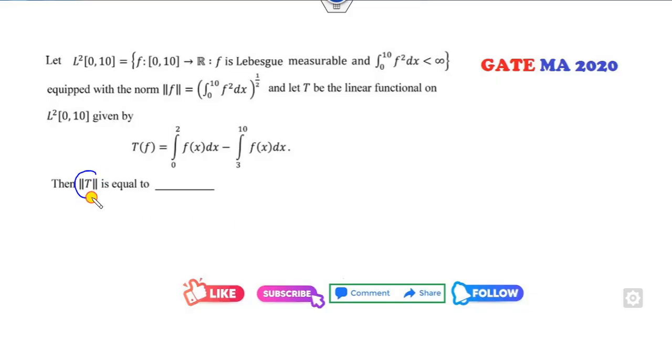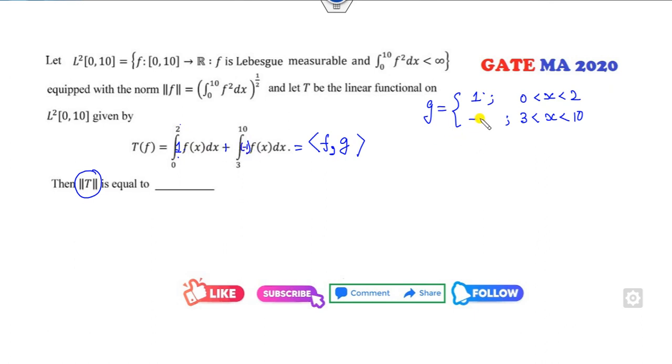Again, your target is to find the norm of t. So I can write this as f into something. Now it has 2 components. I call this g, where g is defined as follows: when the domain is from 0 to 2, the corresponding function is 1, and whenever it's from 3 to 10, it is minus 1.